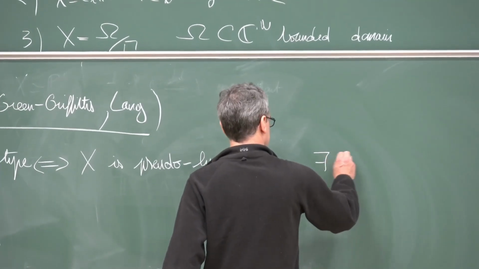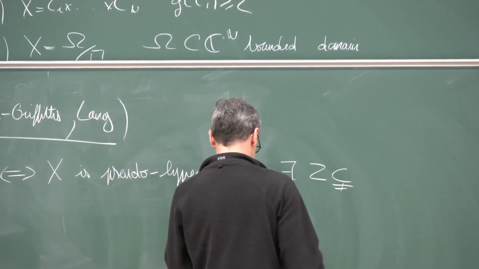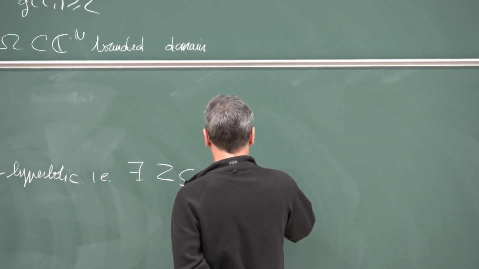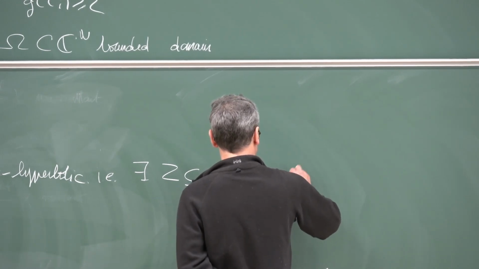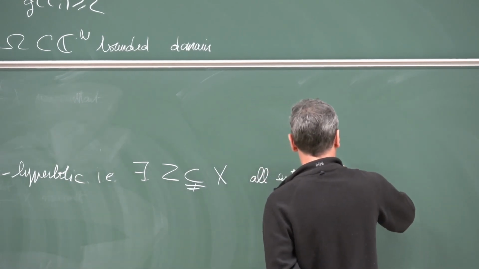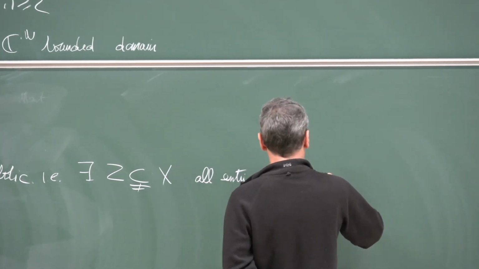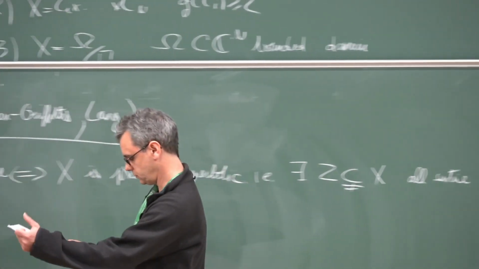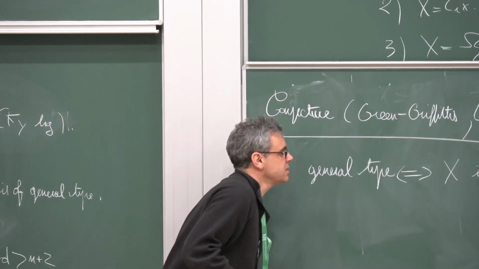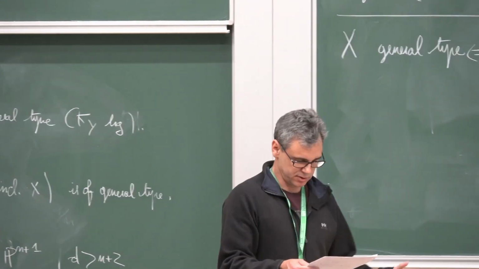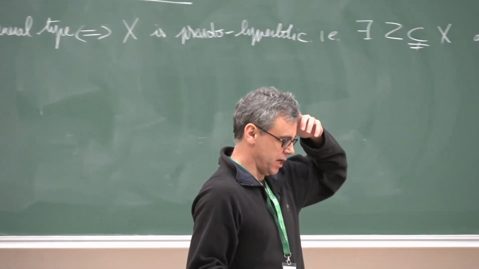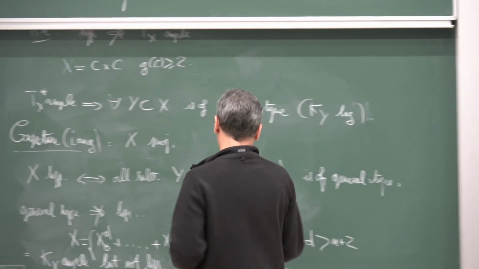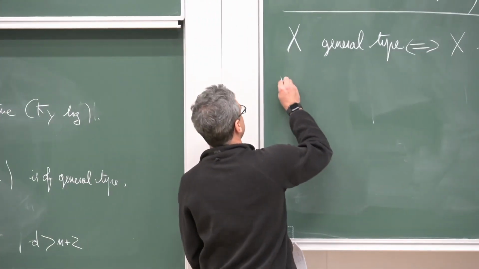So there is a proper algebraic subset Z in X such that all entire curves lie in Z. Okay, so these are two main conjectures, and then people try to focus on particular examples as here, hypersurfaces. So an important conjecture here was due to Kobayashi.